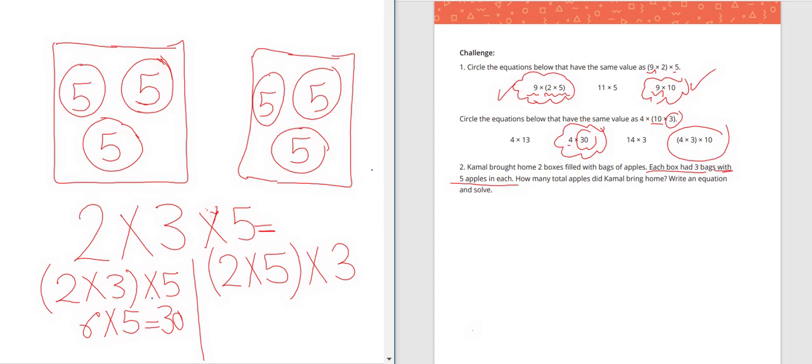The second way, 2 times 5 equals 10. 10 times 3 equals 30.